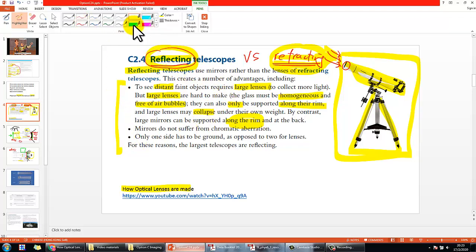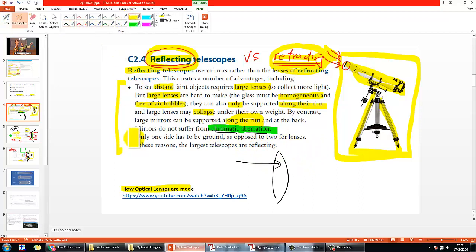The other good thing that we also talked about in the previous subchapter is about aberration. So we talk about chromatic aberration. If you forgot what that is, try to refer to my previous video. That is something to do with when light's going into the glass, because of different refractive index for different color or different frequency, then they will have chromatic aberration. That means they have different focal length.